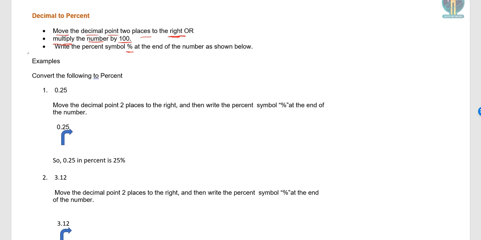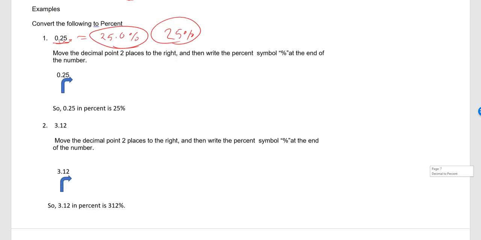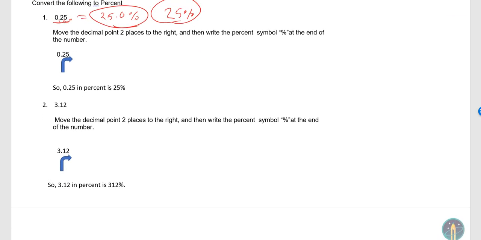Let's look at some examples. So convert 0.25 to a percent. The quick way is to, again, move the decimal point 2 places to the right, and that gives you 25 percent, or just 25%, right? And then we've written the percent symbol. 3.12.